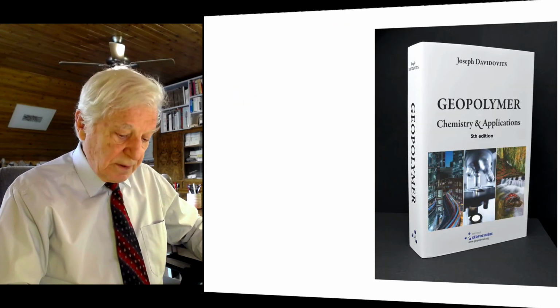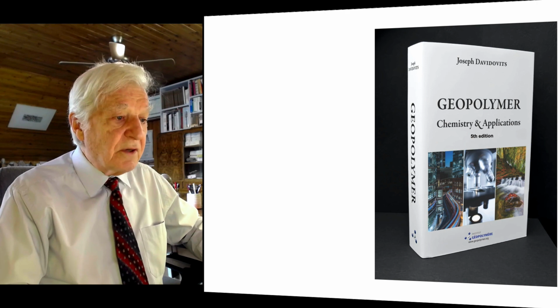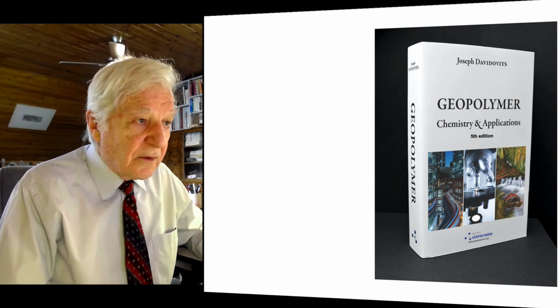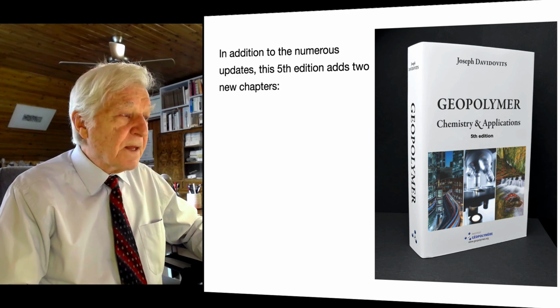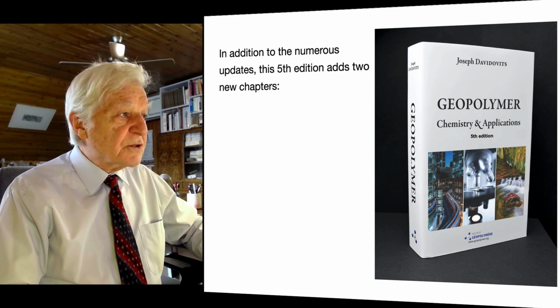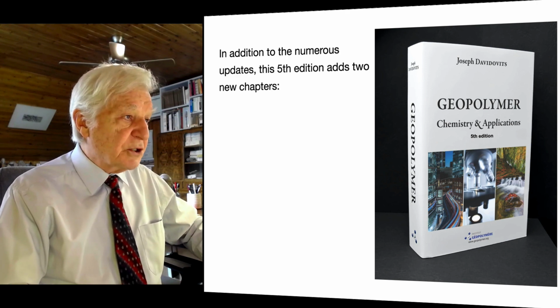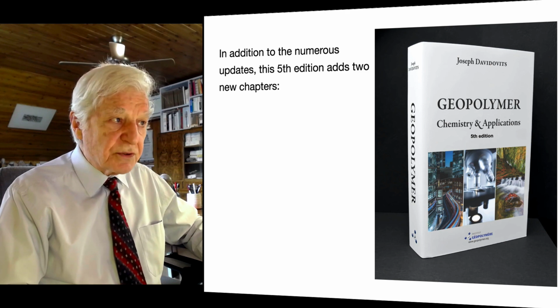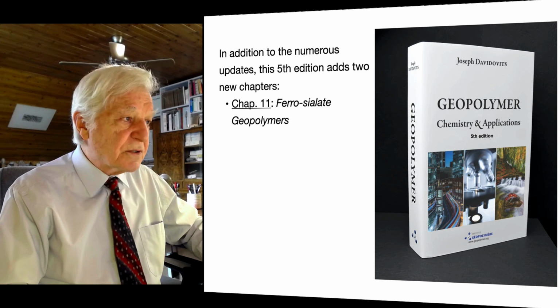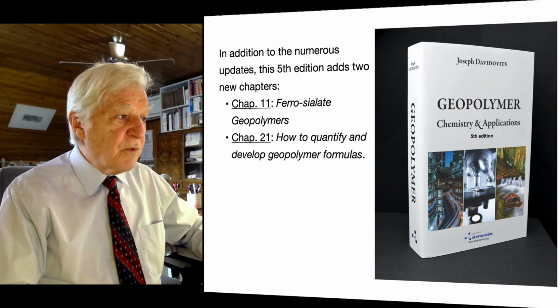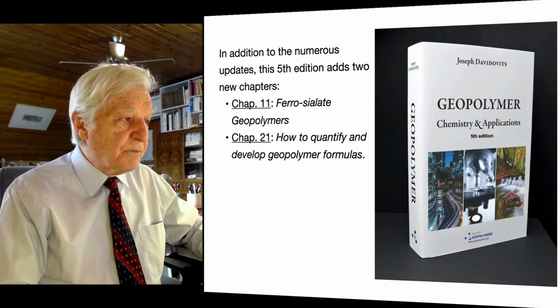In April this year, we released the 5th edition of my book, Geopolymer Chemistry and Applications. In addition to the numerous updates, this 5th edition adds 2 new chapters. Chapter 11 on Ferro-sialate Geopolymers, and Chapter 21, How to Quantify and Develop Geopolymer Formulae.